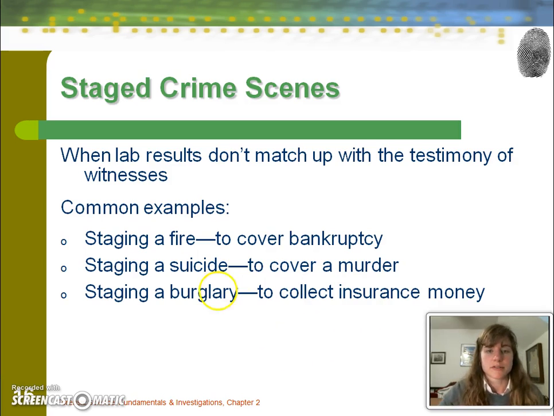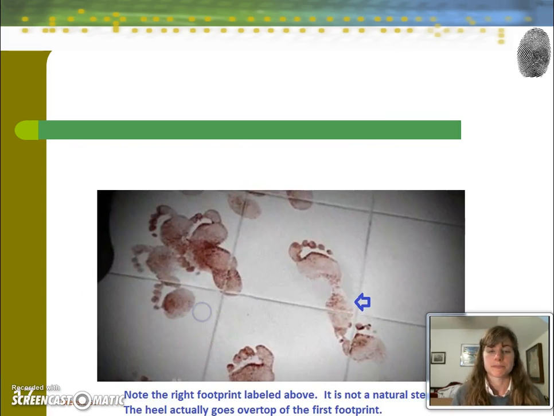Examples of a staged crime scene could be staging a fire to cover up bankruptcy, staging a suicide to cover up murder, or staging a burglary to collect the insurance money.